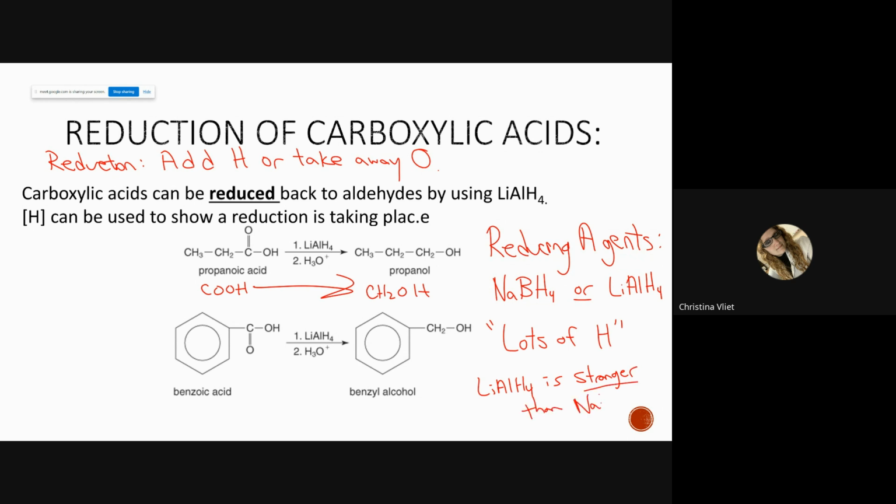So if you want something that will reduce any group, you use LiAlH4. If you want a softer reducing agent that's not as harsh, you use NaBH4, but it doesn't reduce everything. So it depends. LiAlH4 is very powerful, which also means it's more dangerous than NaBH4. And so we'll go over some more conditions on the next slide.